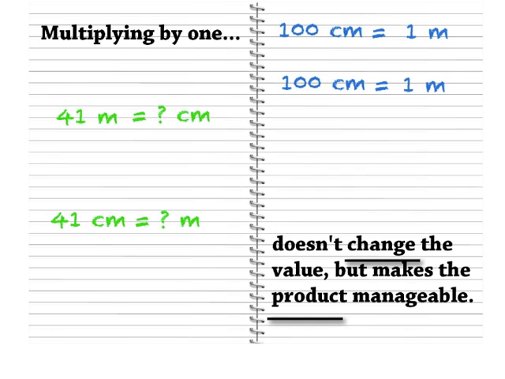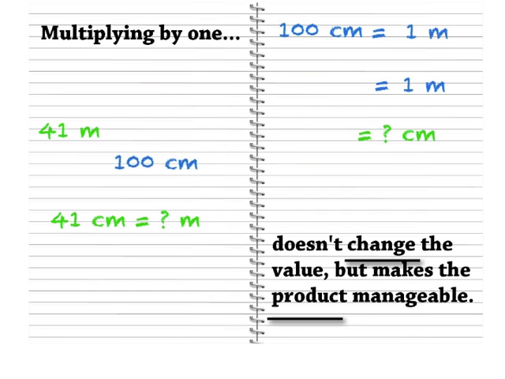So when we do this, 41 centimeters, we're going to multiply by that ratio. And so we're going to set the ratio up, and we can do it one of two ways. We can set meters on the top and centimeters on the bottom, or we can put centimeters on top and meters on the bottom. Take a look what happens.